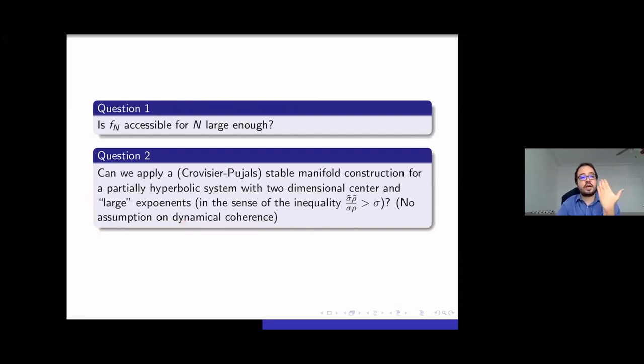Here, I use the fact that I have a center manifold and I look at the dynamics in the center manifold, a two-dimensional thing, and I construct stable manifolds for this sequence of dynamics of a surface. If you don't have dynamical coherence, then I still think there should be something possible here using fake foliations, but I don't know precisely how to do this. But I think it's a nice question: can you apply this technique to more general settings?